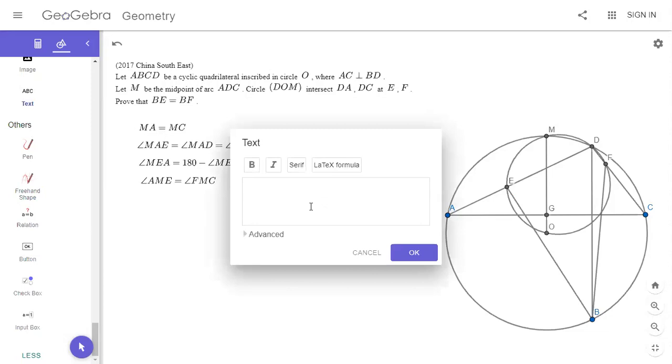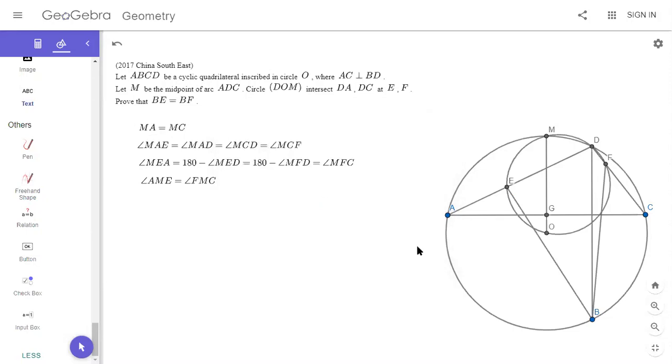So by angle side angle congruence, triangle AME is congruent to triangle CMF. So ME is equal to MF.